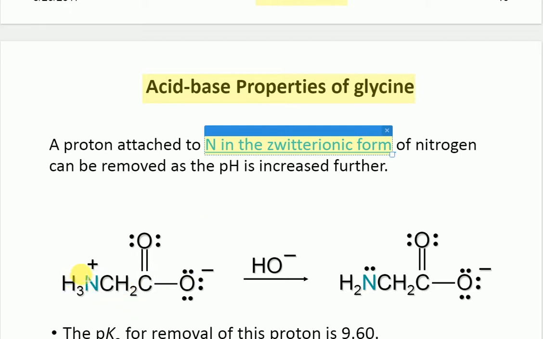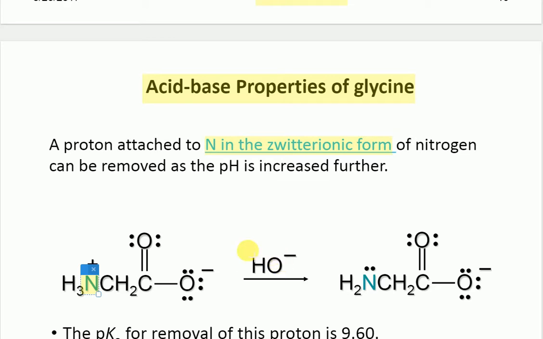So here is an example. This is a zwitterion, as you can tell by the positive and negative charge. There is our N, and as you can see, it has some protons or hydrogens attached to it.